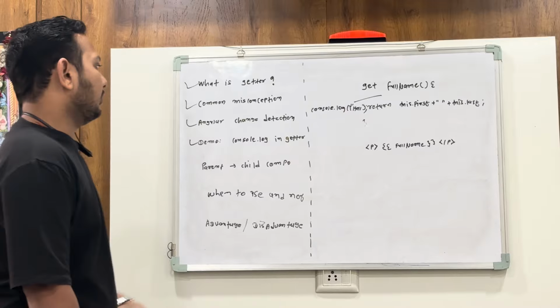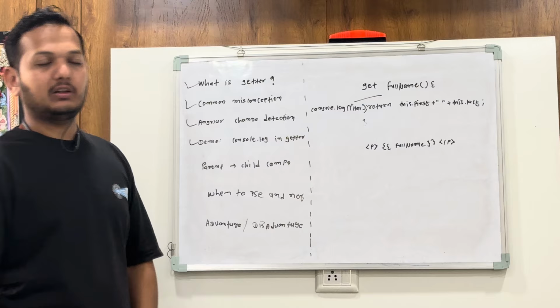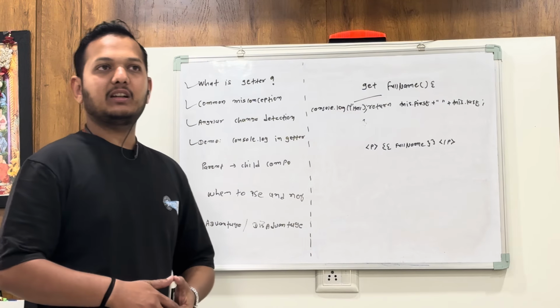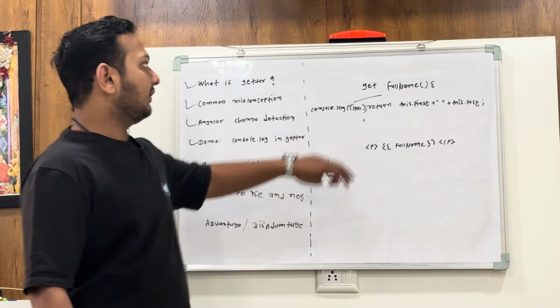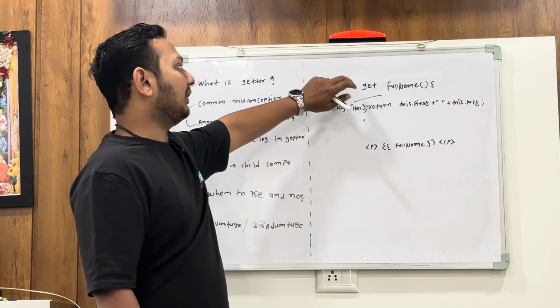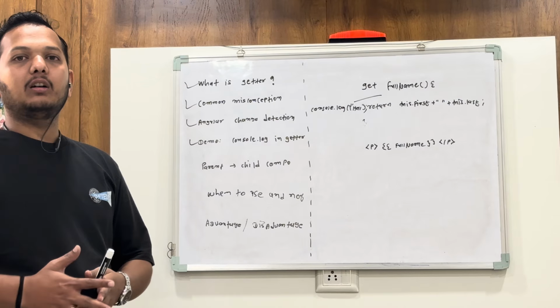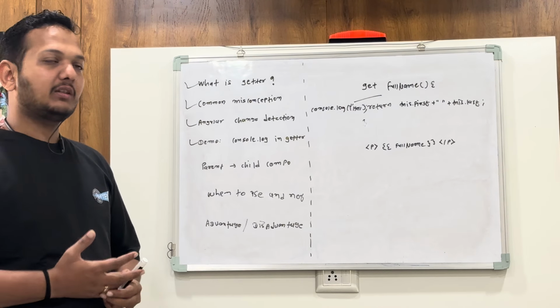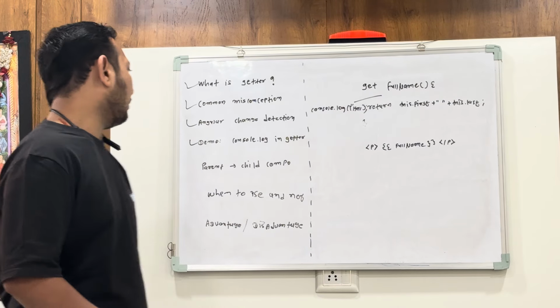So that is the special case. If you think that because your component is OnPush it will call this function only once, that is the problem. Whenever any change detection happens in the child component, this getter will be called every time.